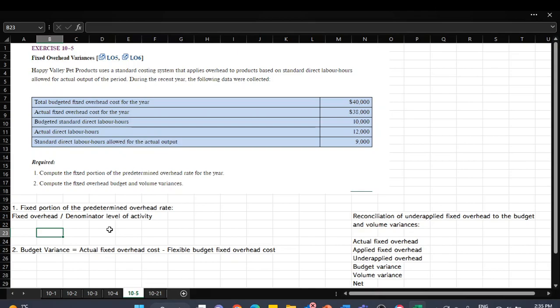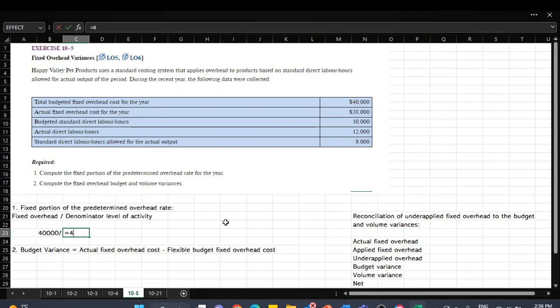Okay, so again, predetermined overhead rate, we're dealing with estimates, so we're dealing with our budgeted amounts. So 40,000 divided by our denominator level of activity, which in this case is 10,000 direct labor hours.